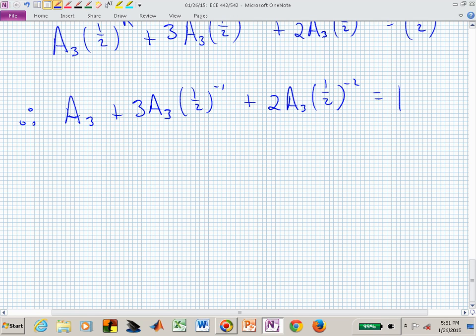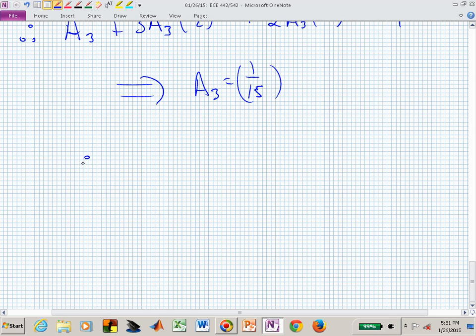There's 6. We have 4 times 2, which is 8. So we have 1 plus 6 plus 8. That's 15, I hope, which says that we have 15 a sub 3 is equal to 1, or a sub 3 is 1 over 15. That's now what we needed in our particular solution. We had a sub 3, 1/2 to the n, and there is our particular solution.